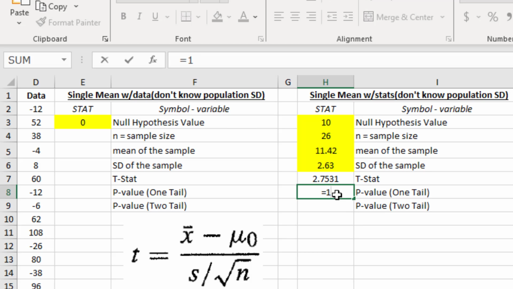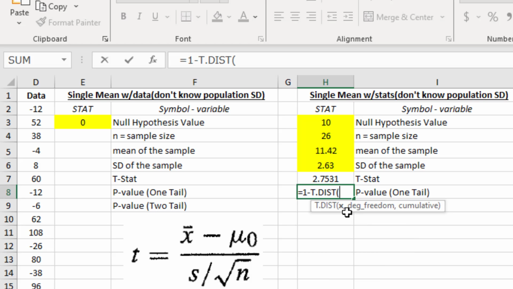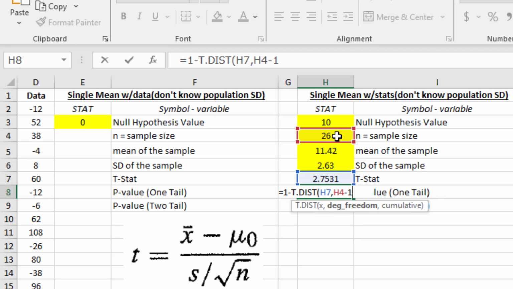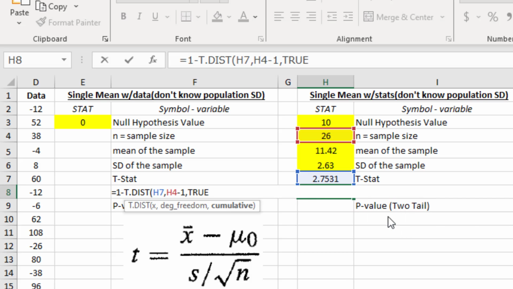So it's going to equal 1 minus the t-distribution, and x, right? That's our t-stat that we're using, comma, degrees of freedom, remember, is just sample size minus 1, so it's going to be that minus 1, comma, cumulative is always true.